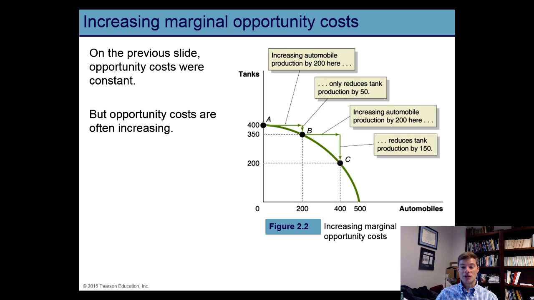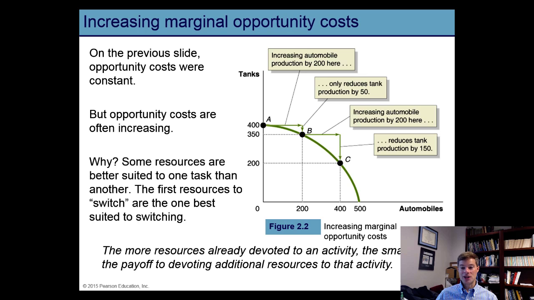The opportunity cost has become larger because the resources now allocated from producing tanks toward producing automobiles are relatively less efficient at producing automobiles. And if we continue this example further, we'll see that the opportunity cost of producing automobiles continues to increase up to a point where 500 automobiles are produced and 0 tanks are produced.